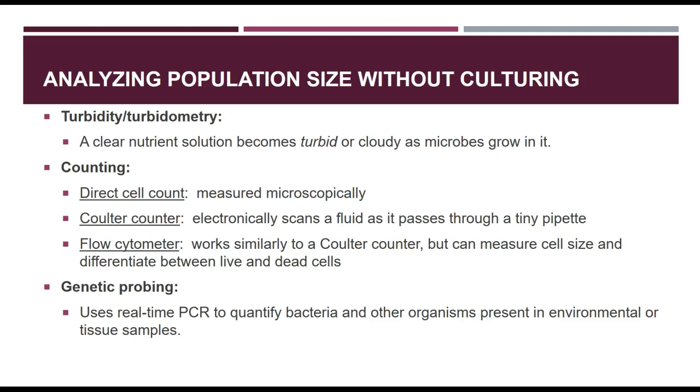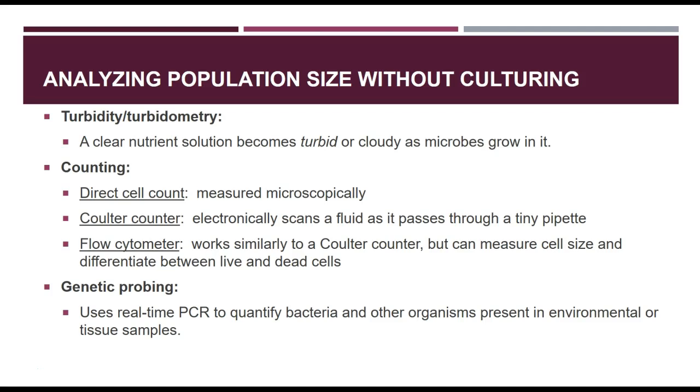So we can also analyze bacterial populations without actually culturing them on a plate and counting the number of organisms present. And we can do that three different ways. First, we can measure the turbidity of a broth tube. Any clear nutrient solution becomes turbid or cloudy as microbes grow in it.